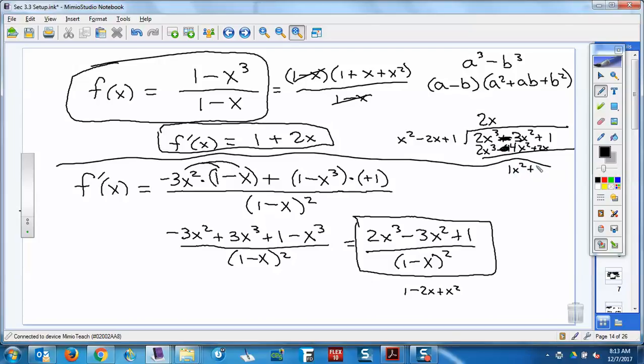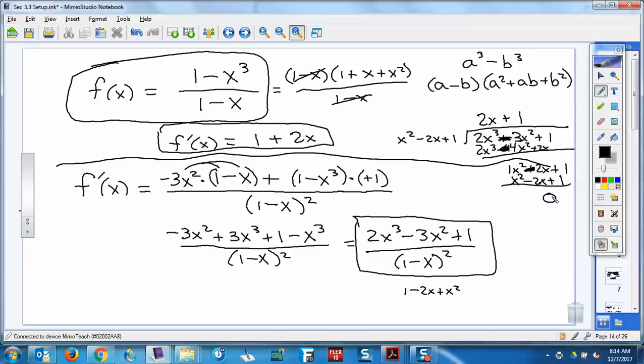And then plus 2x. Oh, no, I'm minusing. That'd be 0 minus 2x. So that's a minus 2x plus 1. Oh, look at that. X squared minus 2x plus 1. That goes into there one time, positive 1. So 1 times x squared, 1 times minus 2x, 1 times 1, subtract: 0, 0, 0. Oh yeah, it divides. And you get 2x plus 1, which is the same thing as that.